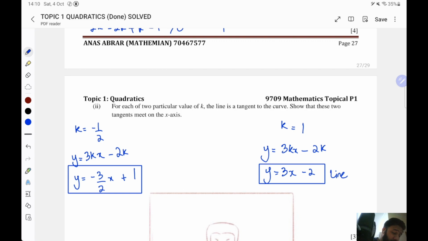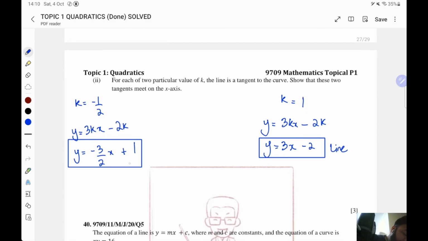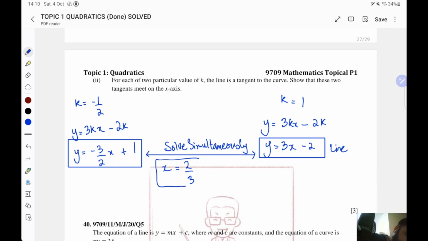When we solve these two simultaneously, the value of x that we will have will be 2 by 3, and the value for y that you will find will be 0.